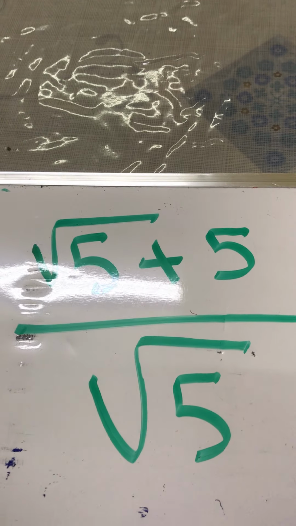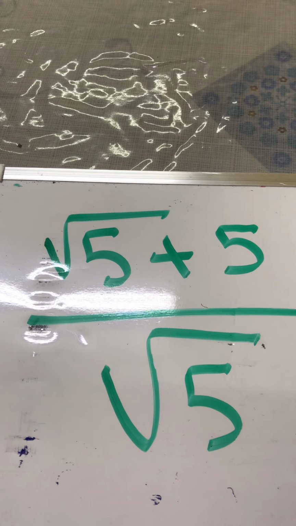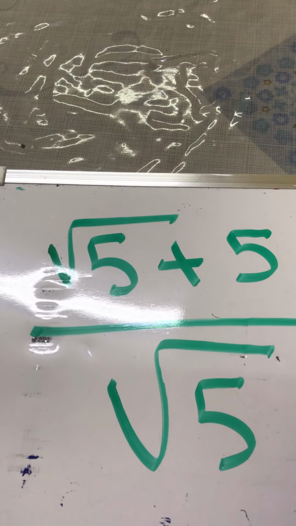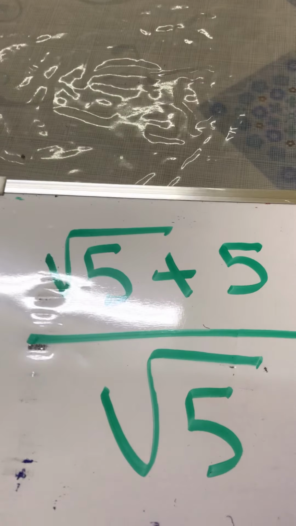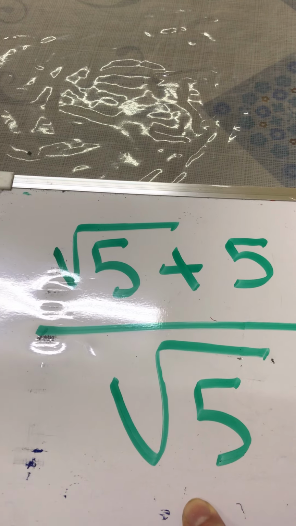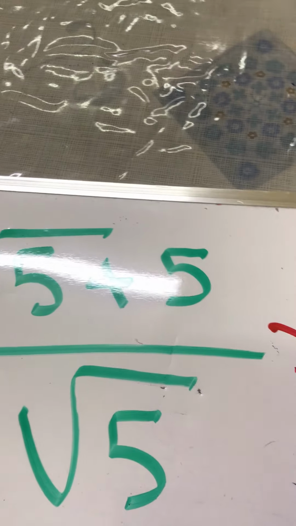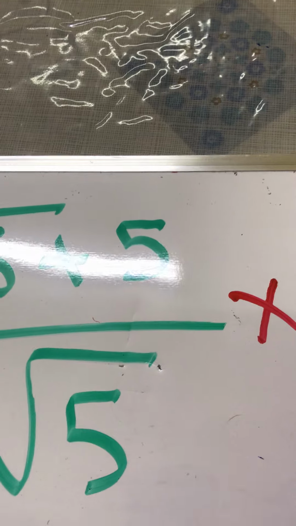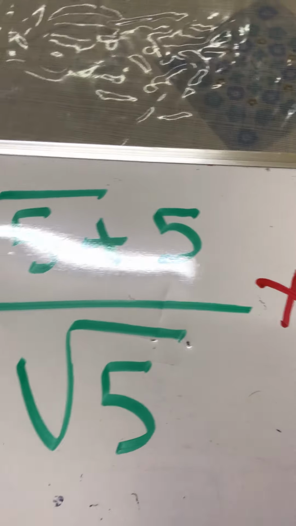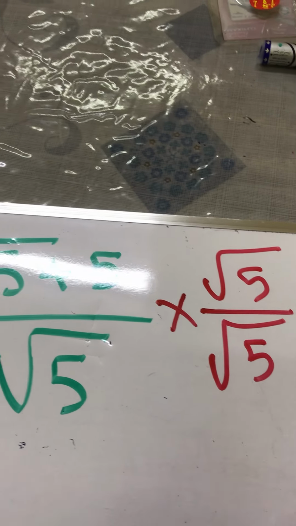It's allowed to cancel in the case of multiplication only. Now, my aim is to remove the square root of 5 from the denominator. So easy. Multiply by it up and down, only this, to make rationalizing.